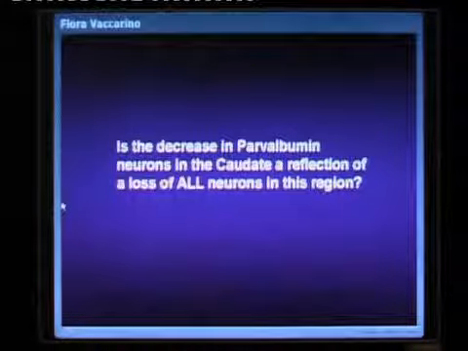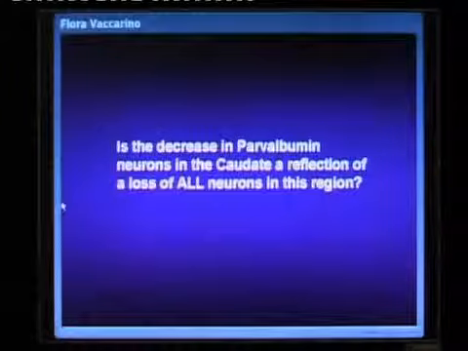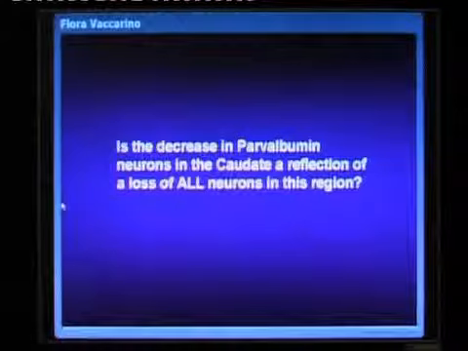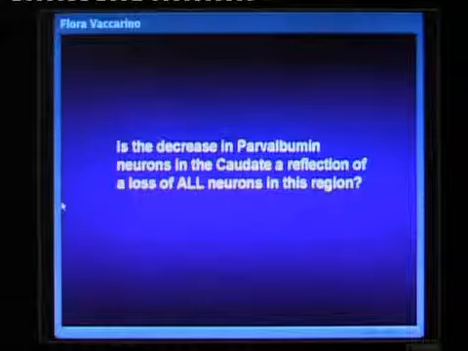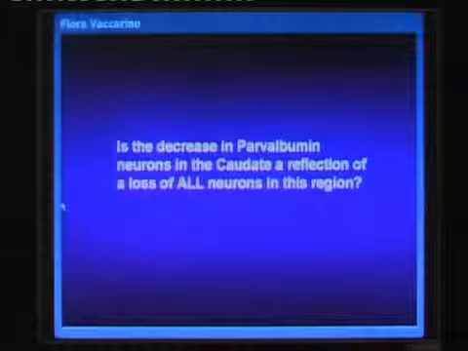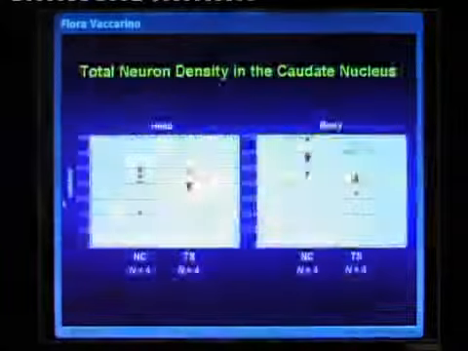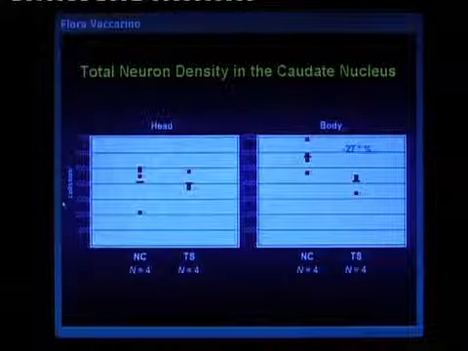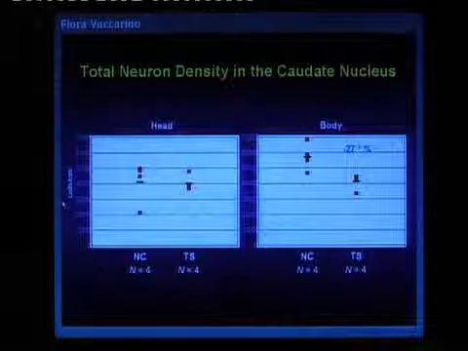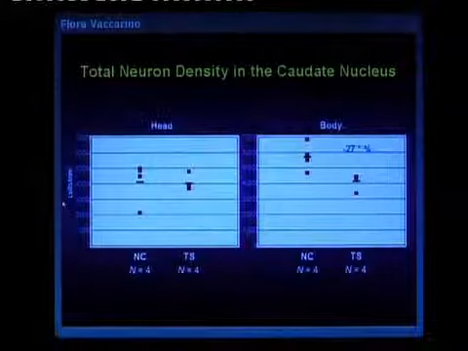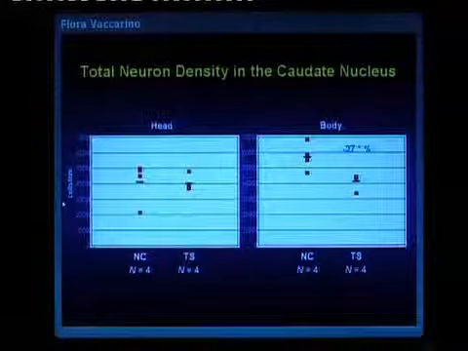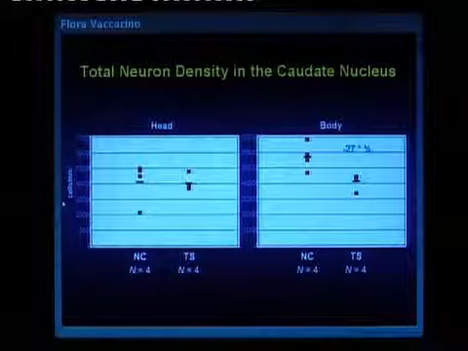So the next question was, there's so few of them, maybe all neurons are decreased. So this is only an epiphenomenon of the fact that there is a general loss of neurons in this region. So we looked at total neuron density, and we found no differences in the head, but a small, actually moderate difference in the body.